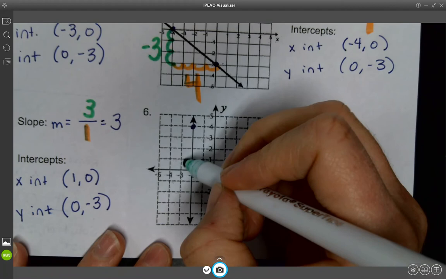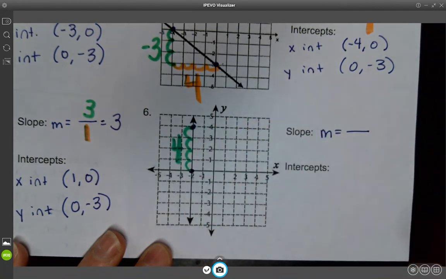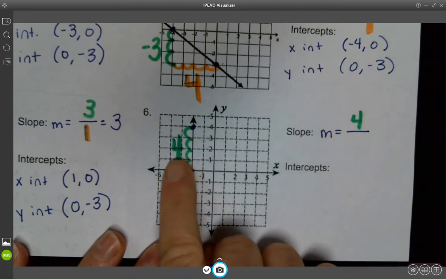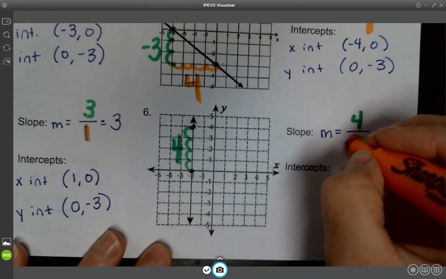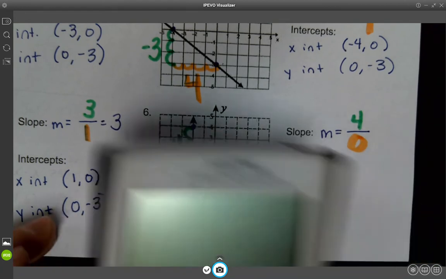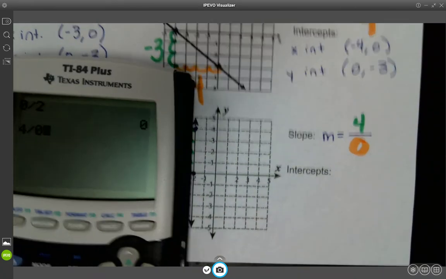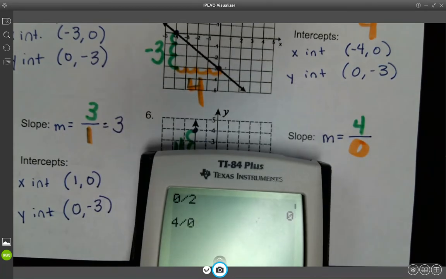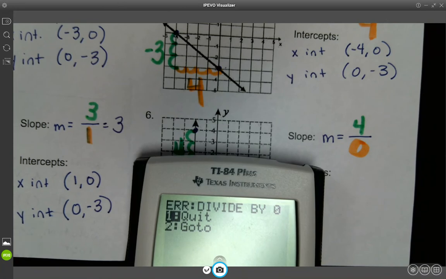So let's rise. Rise 4. See how we rise 4 to get to that other point? But 0. No. Let's put it in the calculator. 4 divided by 0. Error. Divide by 0.